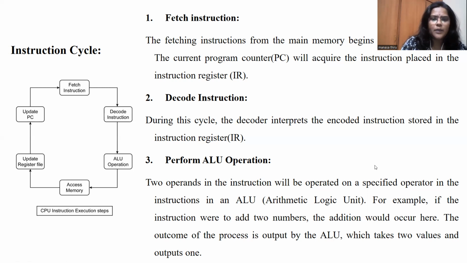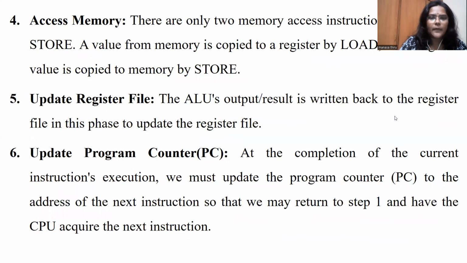Third step is perform ALU operations. So, two operands in the instruction will be operated on by the specific operator in the instruction in the ALU. For example, if the instruction were to add two numbers, the addition occurs here. The outcome of the process is output by the arithmetical logical unit, which takes the two values and outputs one.